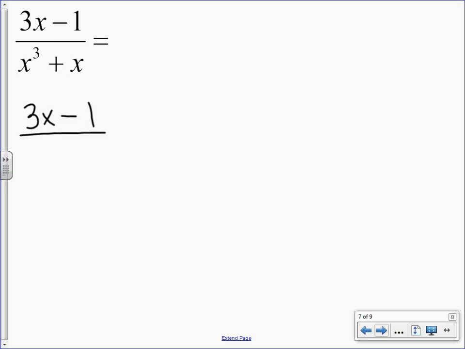What does this denominator factor to? How many factors do we have in our denominator? 3. We have 2 factors. It's degree 3, but there's only 2 factors because we cannot split x squared plus 1 apart. So we're going to have 2 fractions that we're going to add together.